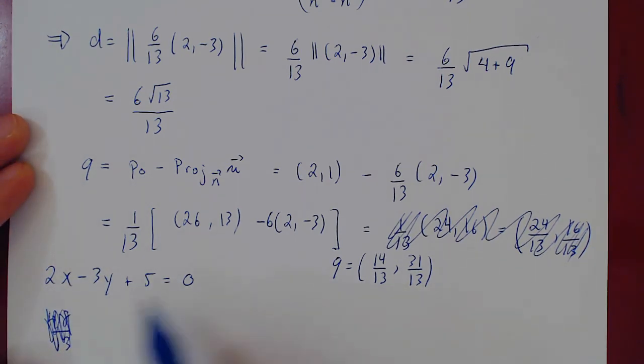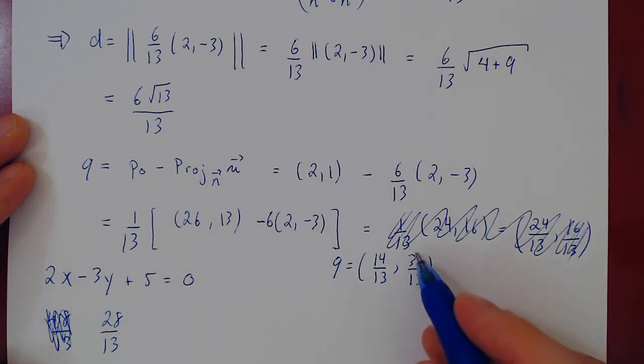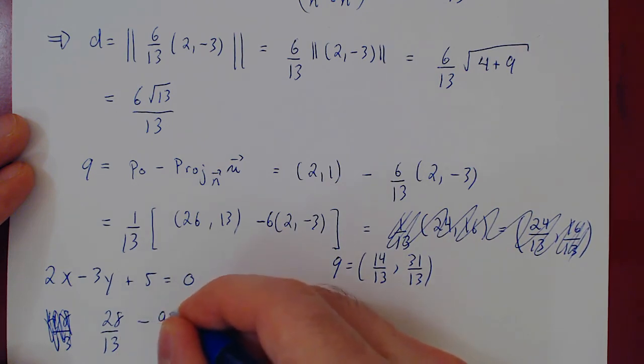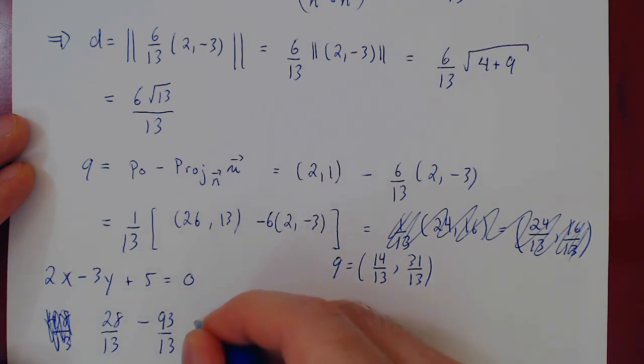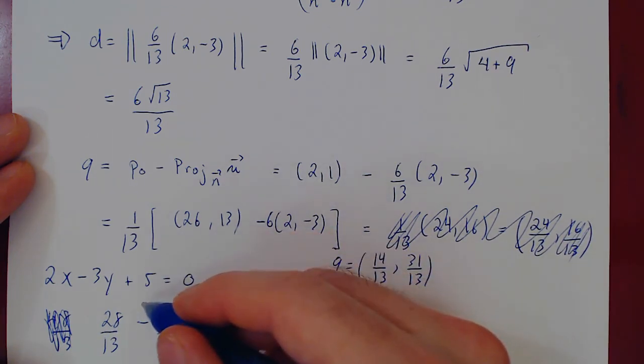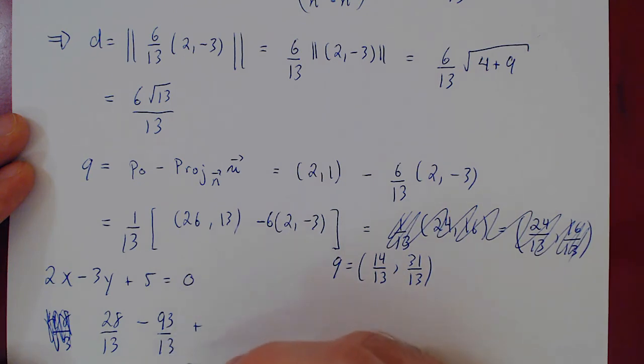Now let's check. 2 times x, sorry, 28 over 13, minus 3 times 31 over 13, that's negative 93 over 13, plus 5. Well, if you want this over 13, multiply by 13 over 13. 5 times 13, that's 65.